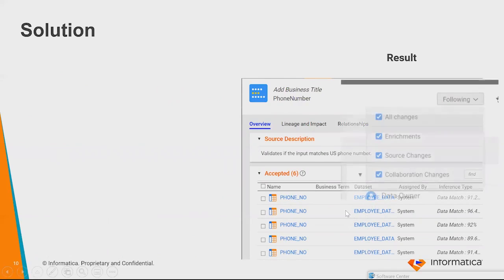So this is what the user wanted to achieve. There is an option in each data set for following: you have to click on enrichment, source changes, and collaboration changes. This gives a notification to the users. They wanted to achieve this for all the data sets associated with a data domain, here as an example the phone number.